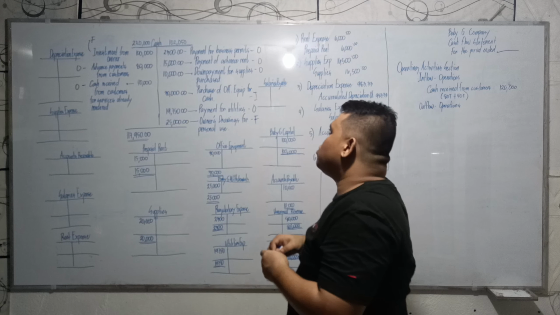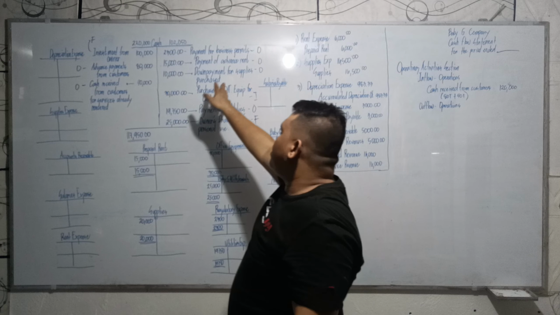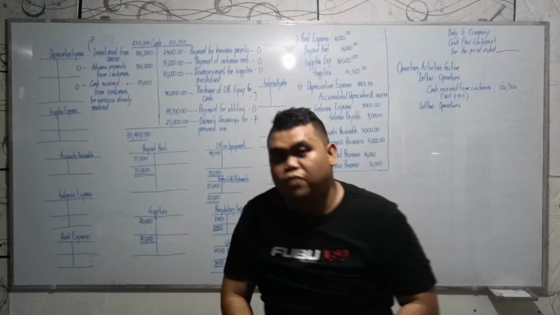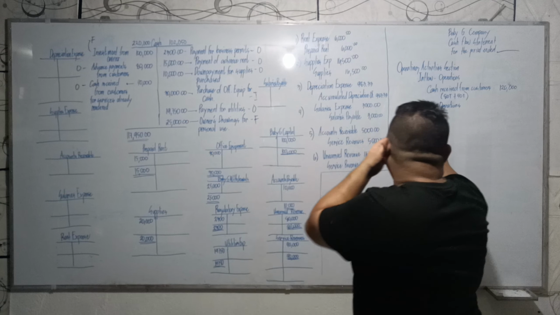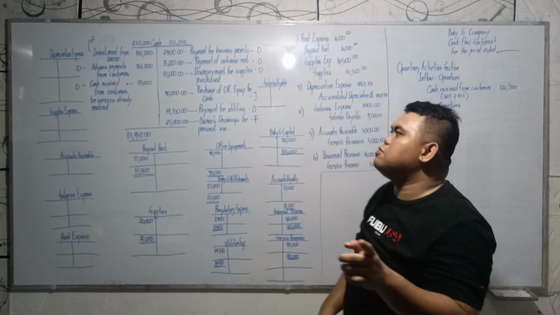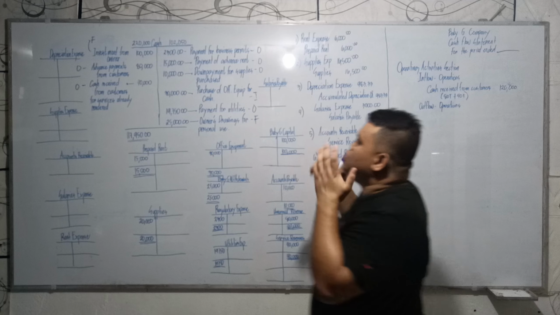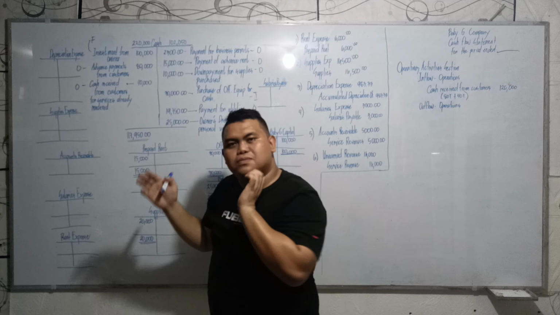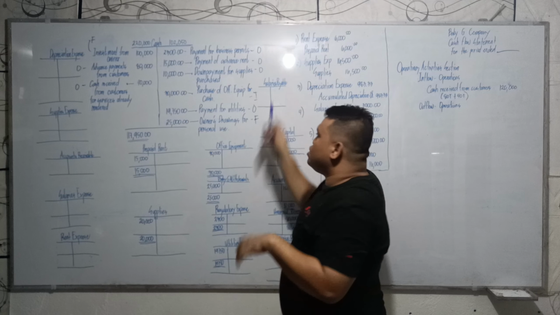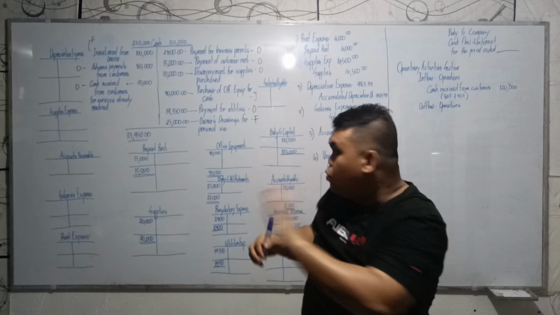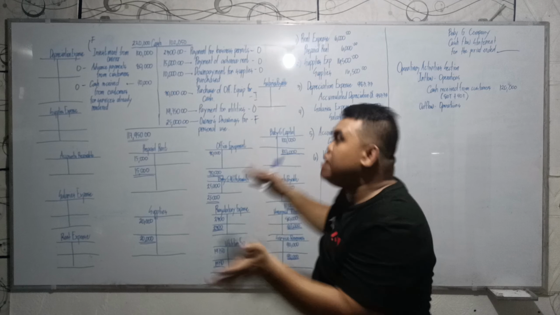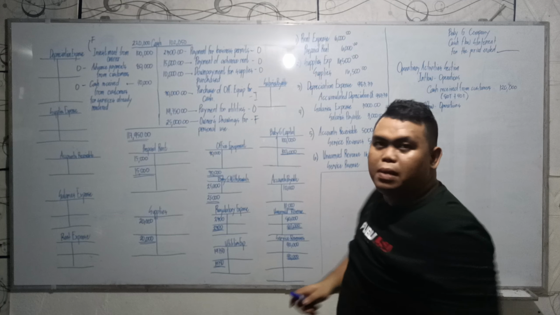So the classification of the outflows and the inflows is very important in making the cash flow statement. And what I'm trying to teach you now is the basic wherein you just go to the ledger of the cash, you segregate it into operating, investing, financing, both the inflows and the outflows, and make the cash flow statement.